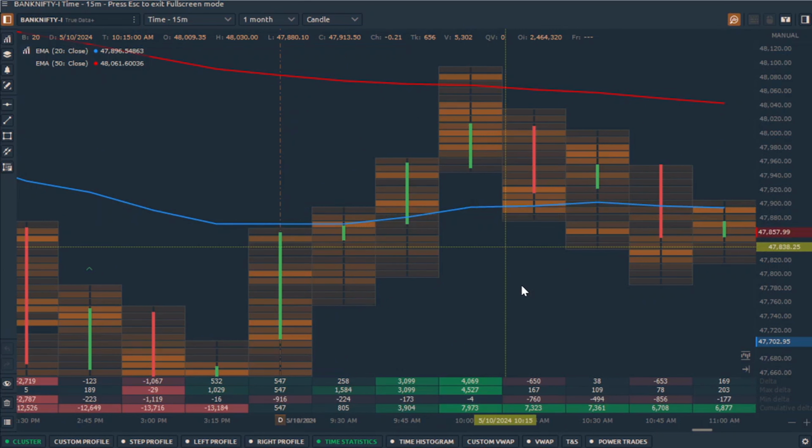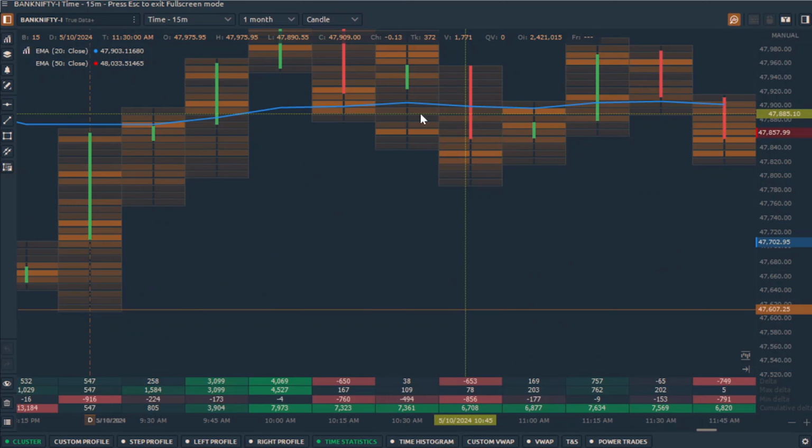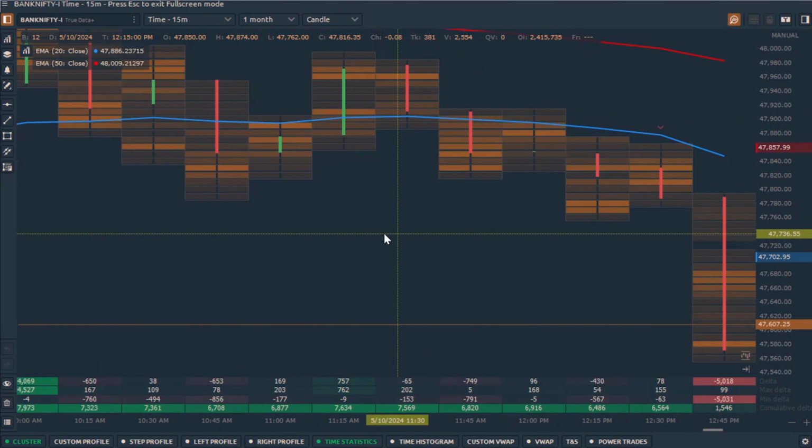Now let us say that I am a trader who trades based on these EMAs as a reference, and I tend to buy when the EMA crossover happens, and I tend to sell when, let's say, the resistance is hit. As you can see here, Bank Nifty exactly hit this EMA 50, and then it retraced.